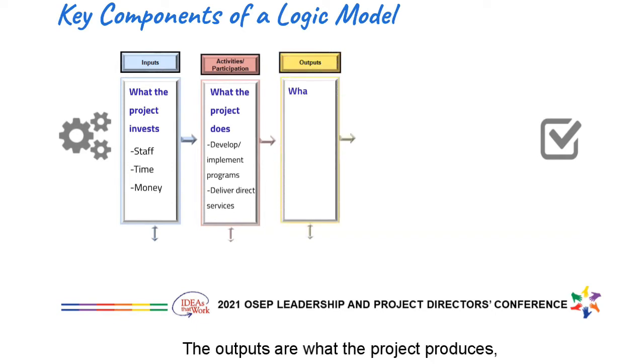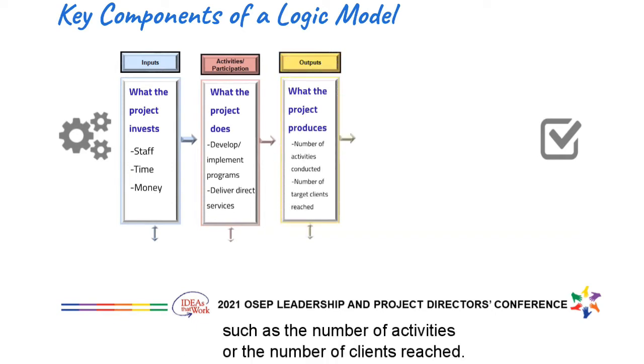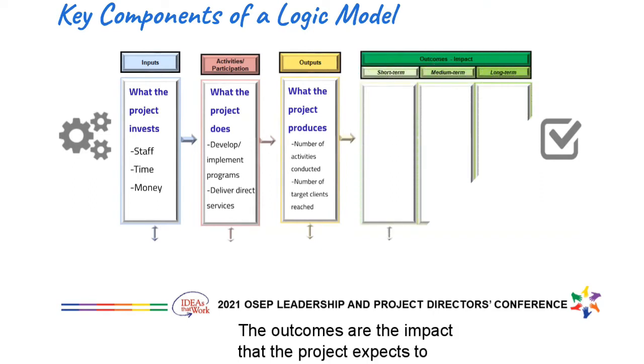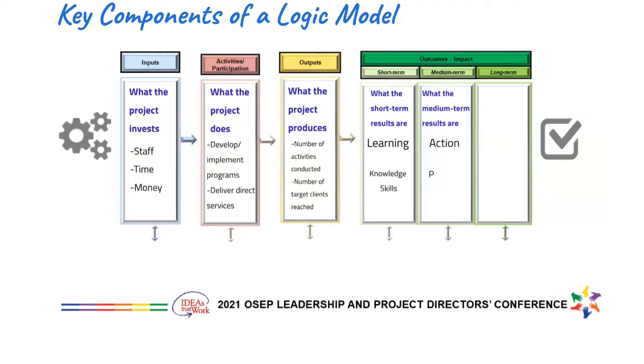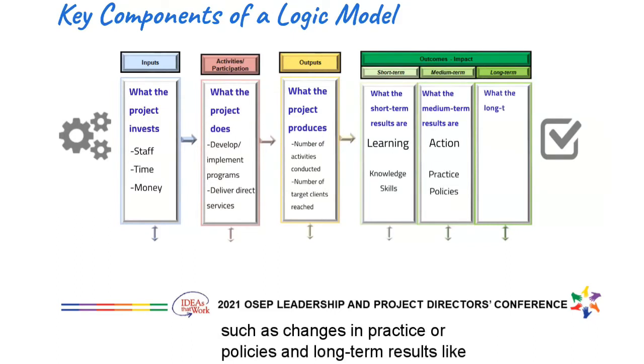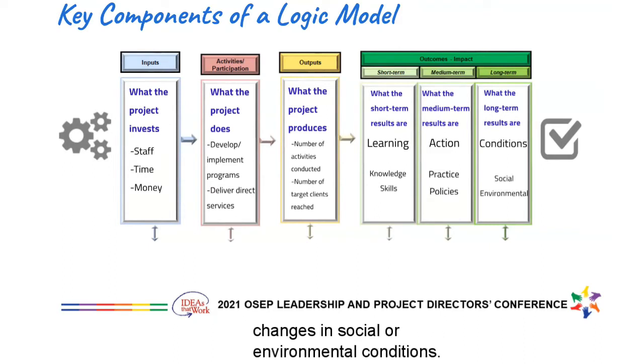The outputs are what the project produces, such as the number of activities or the number of clients reached. The outcomes are the impact that the project expects to have. These include short-term results such as changes in knowledge or skills, medium-term results such as changes in practice or policies, and long-term results like changes in social or environmental conditions.